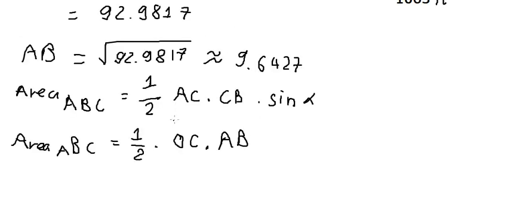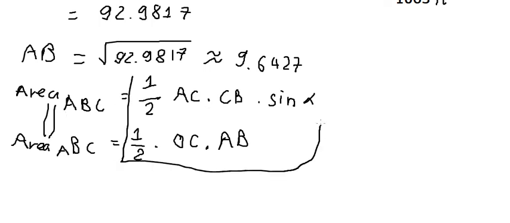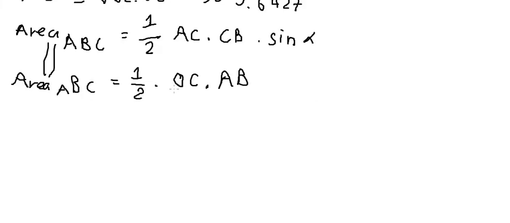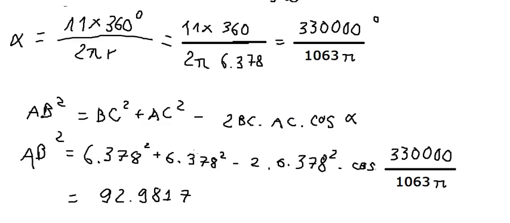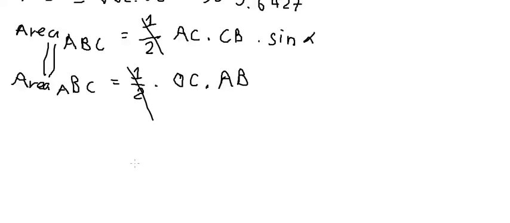So we have two formulas in here. Now we have two equations that equal each other. So we simplify 1 over 2, 1 over 2. And now we want to find OC in here. OC multiplied by AB equals this one.